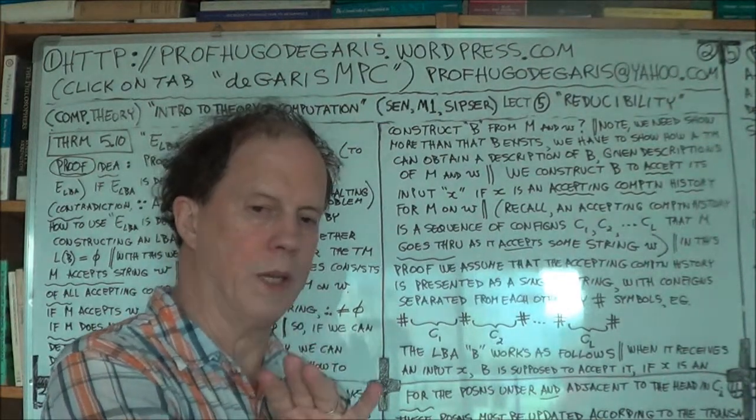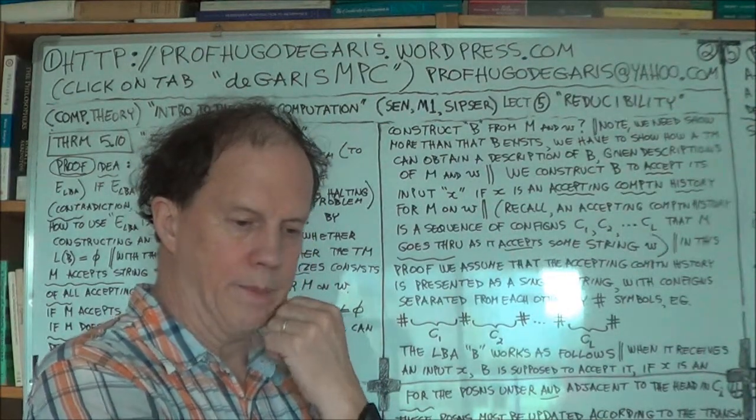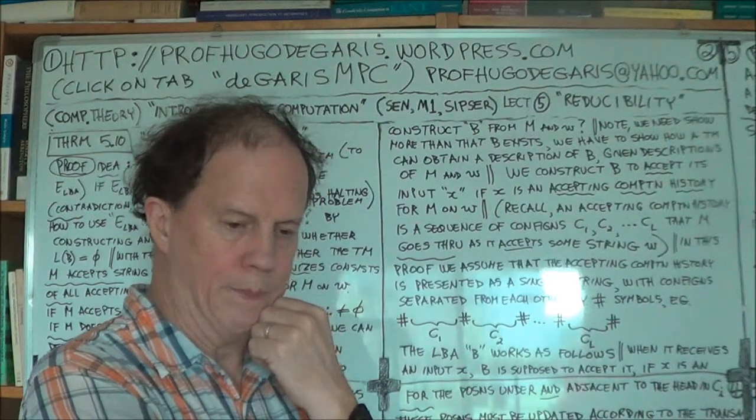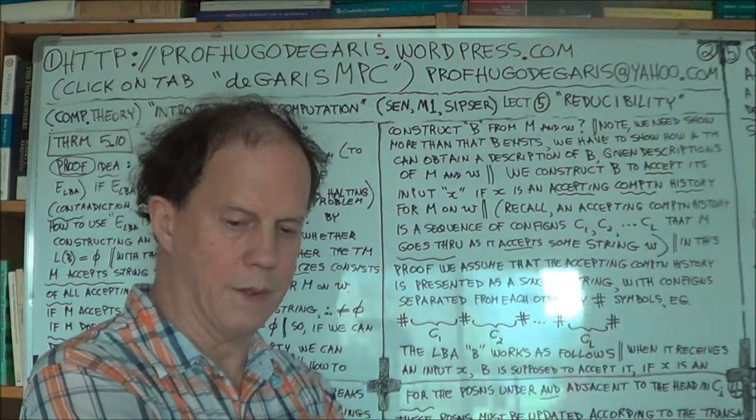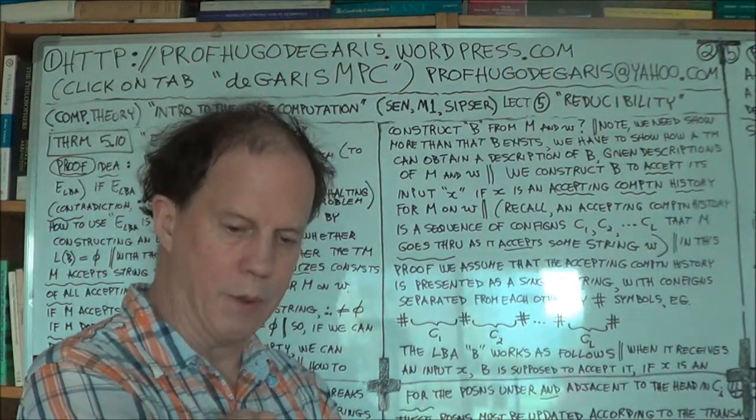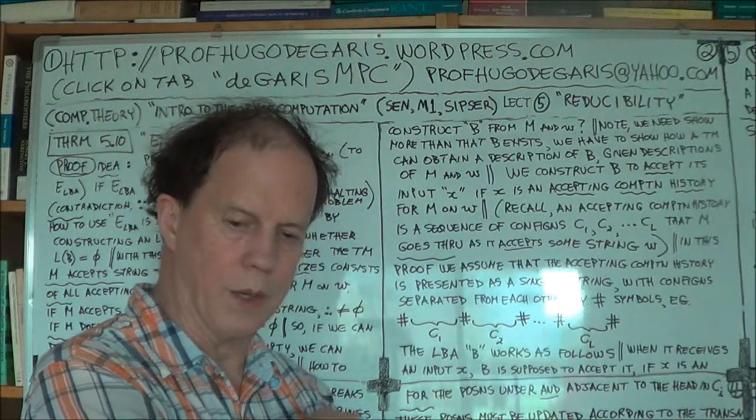And there's a shorthand way, you may remember. You write out the contents of the tape, which is pretty easy, with just one symbol per square.